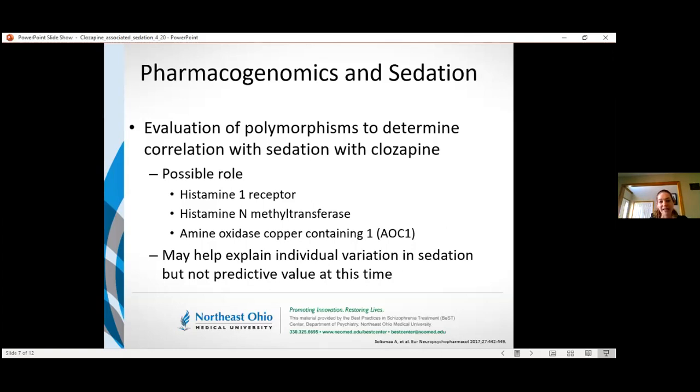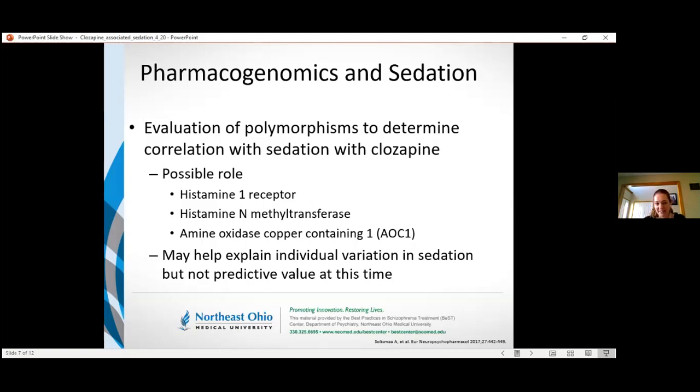The histamine N-methyltransferase is a metabolizing enzyme that actually can inactivate histamine. So if it tends to be a little bit more active or more efficient, and there's not enough histamine around to activate those H1 receptors, potentially that could increase the risk for sedation as well. That one had the strongest signal, and there were a number of different polymorphisms that they were looking at, but that one seemed to be the one that they thought would be most promising.